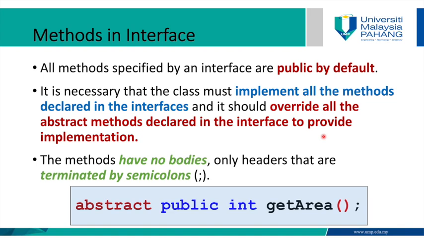Inside the interface, the methods will have no bodies, only headers terminated by a semicolon. For example, here: abstract public integer getArea. This is one example of a method inside the interface, which is only an abstract method with no implementation.